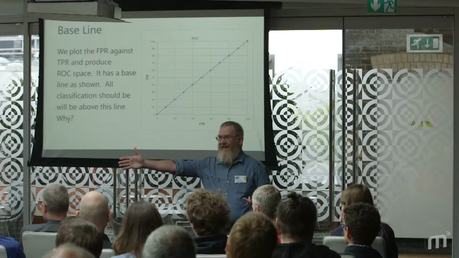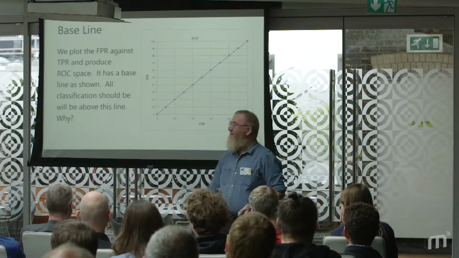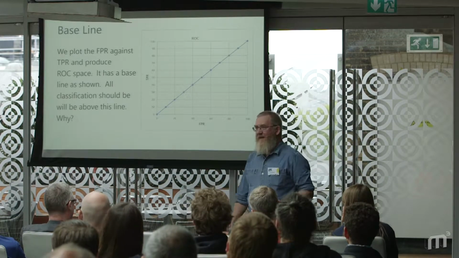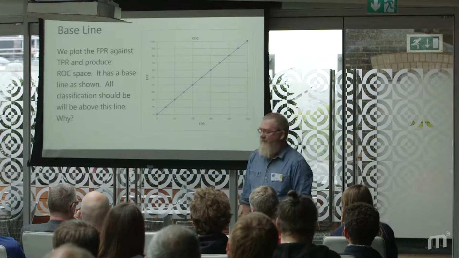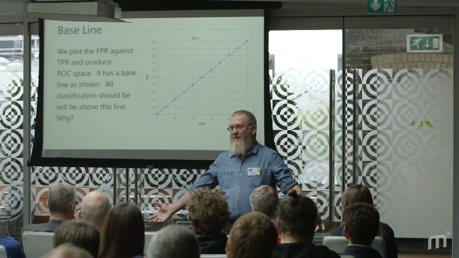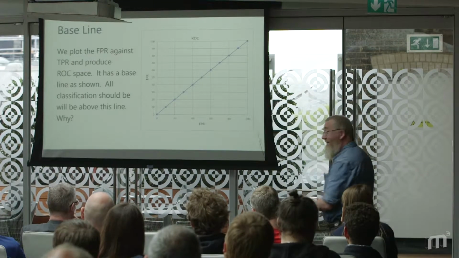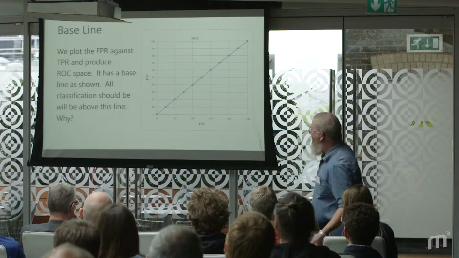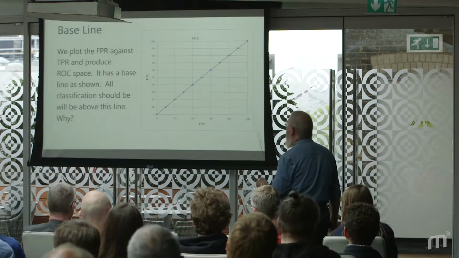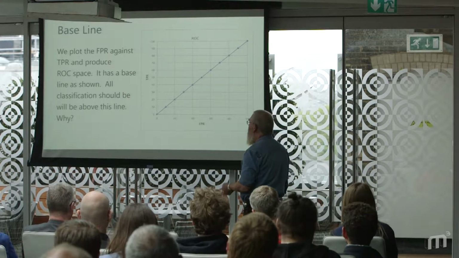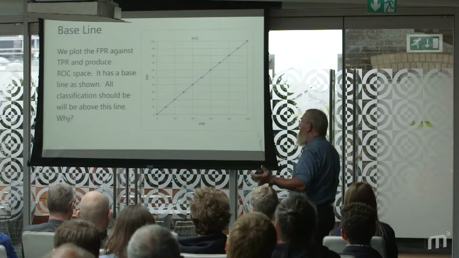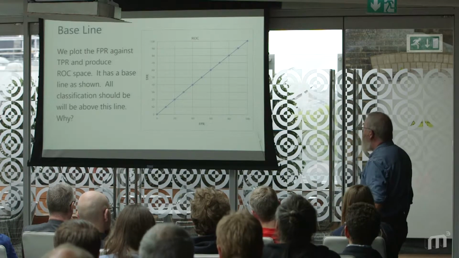False positive rate. See, brilliant. And this one, therefore, must be the, guys, I'm working hard here. You're not with me. This one is the true positive rate. So this is how many of the good guys you get right. This is how many of the bad ones you get wrong. They're not really bad ones. They're just true and false.